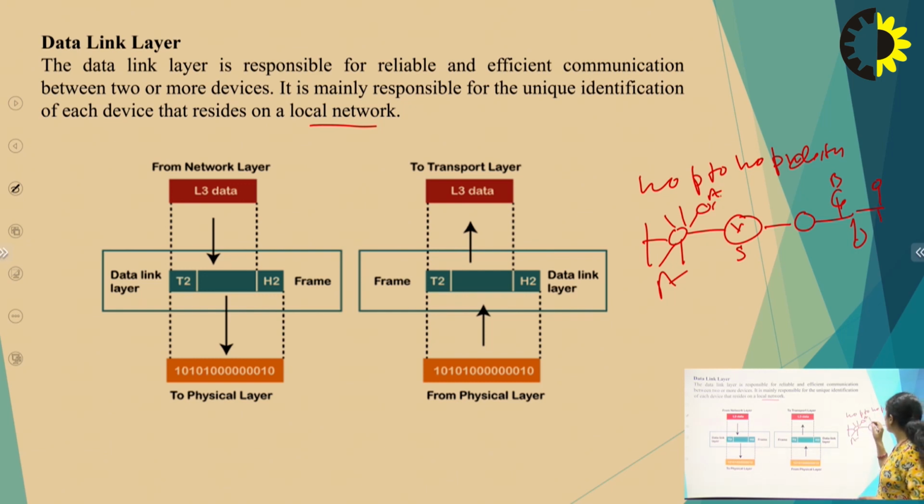That is, it goes from here, then from here, then from here. It doesn't concern itself with what the source and the destination are. It is concerned with what the next step is. That is hop to hop. Then A goes to the switch, and then this goes to another topology on the sender side, and then this goes to B. So it is a hop to hop transmission.